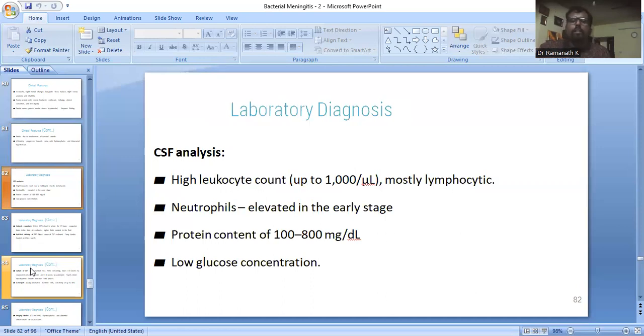Neutrophils are elevated in the earlier acute stages of the infection, but later it changes towards lymphocytic content. Protein content is almost 100 to 800 milligram per deciliter. Low glucose concentration is seen, as in acute meningitis.